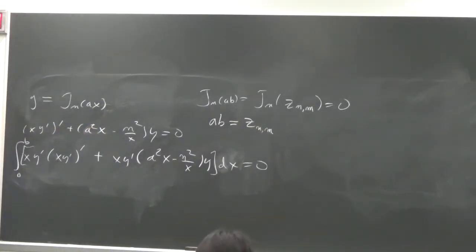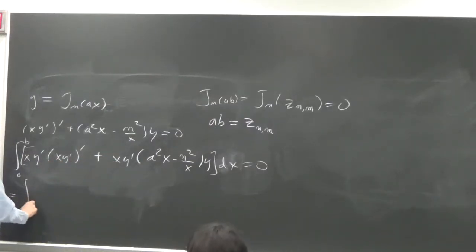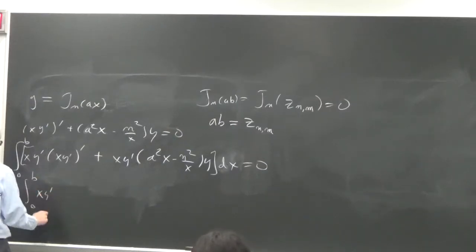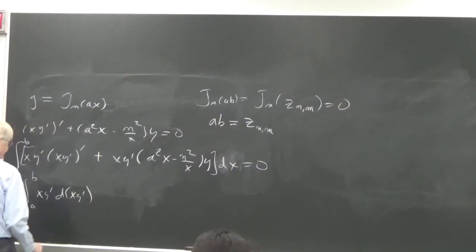So what do we get here? So this is xy prime, and then we have that dx. So this integral here in the first part is the integral of xy prime dxy prime.